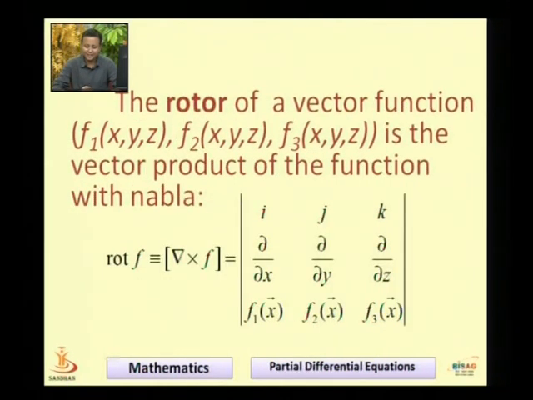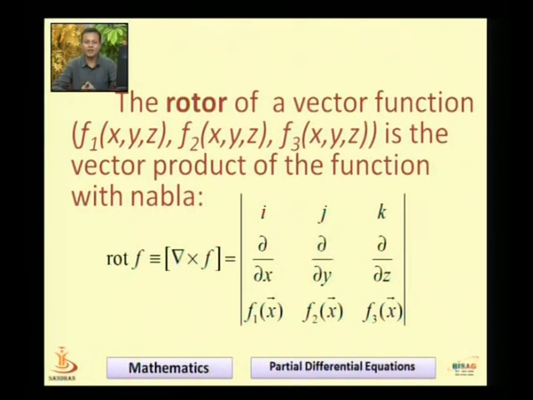And the curl is nothing but the cross product of del, that is the operator del by del x i plus del by del y j plus del by del z k, with some vector point function having components f1, f2, f3, that is f1 i plus f2 j plus f3 k. It is called rot f or curl f, and it gives rotation. And if this is 0, the vector point function is said to be irrotational.